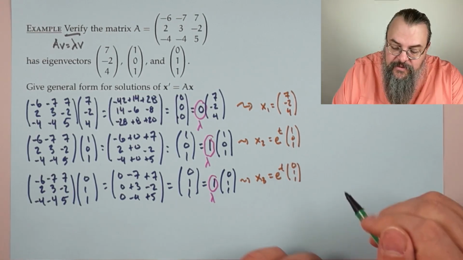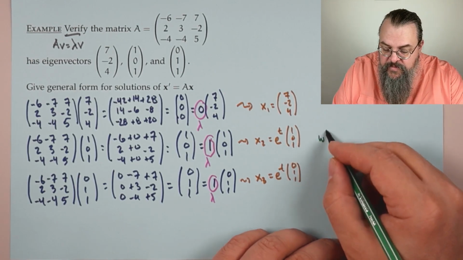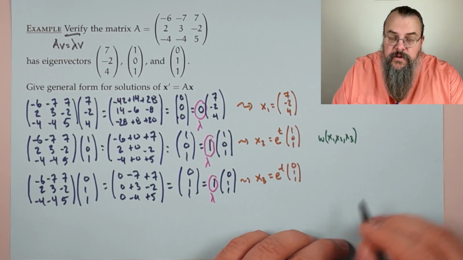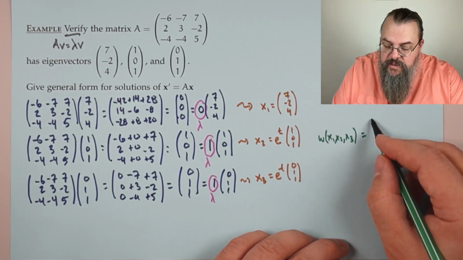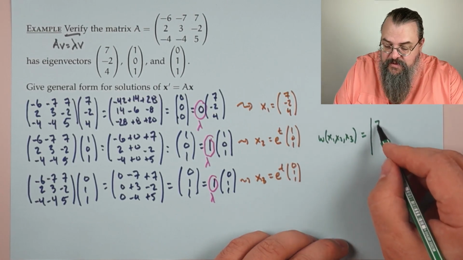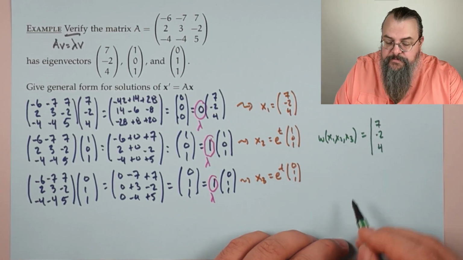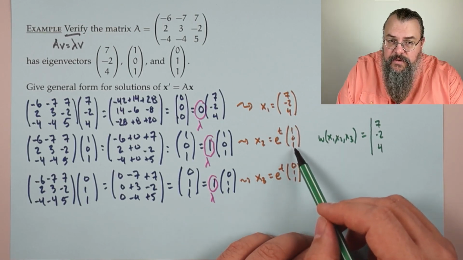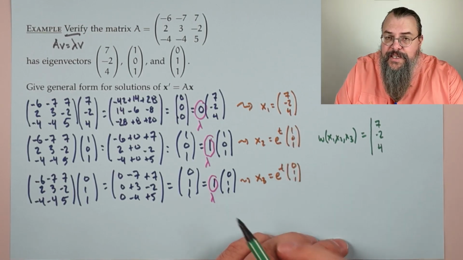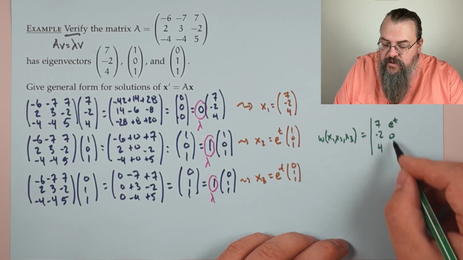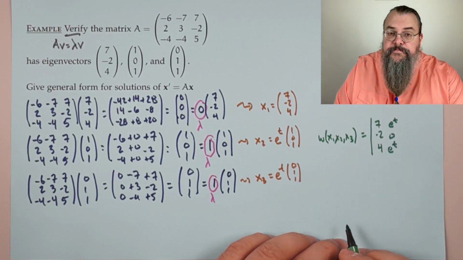So let's check our Wronskian. We're going to take the Wronskian of x1, x2, x3. Remember, that says what? In the first column, first solution, 7, minus 2, 4. The second column is the second solution. It's not just the 1, 0, 1. You have to multiply the e to the t in. So it's e to the t, 0, e to the t.